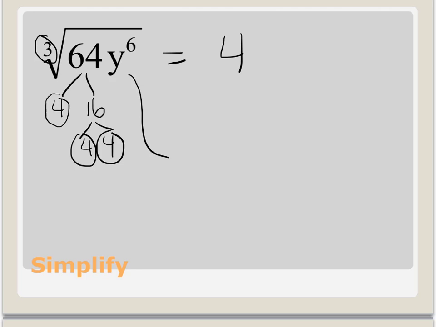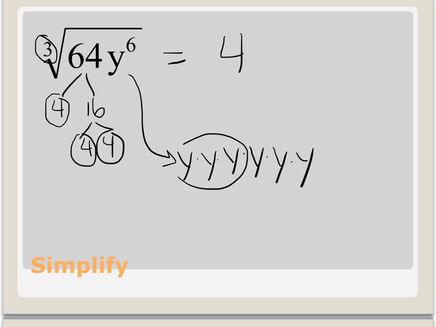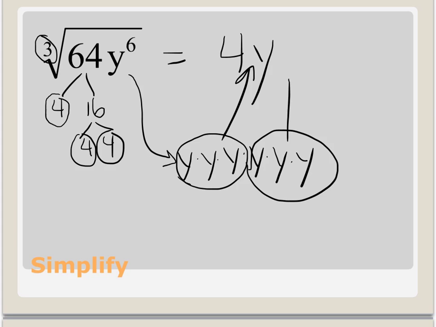Then we look at the y to the 6, that's 1, 2, 3, 4, 5, 6. That's what that means. So I have a set of 3 y's here and then another set of 3 y's here. So one of those y's goes on the outside, another of those y's goes on the outside, and I have no singles. So that is 4y squared.